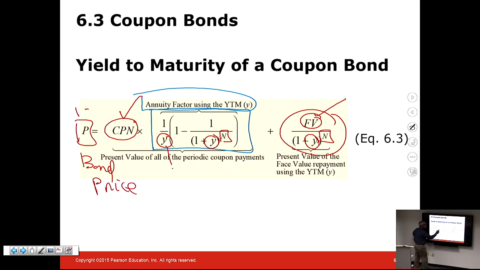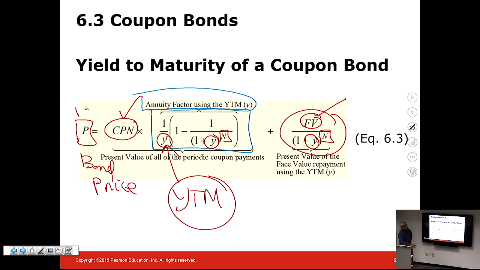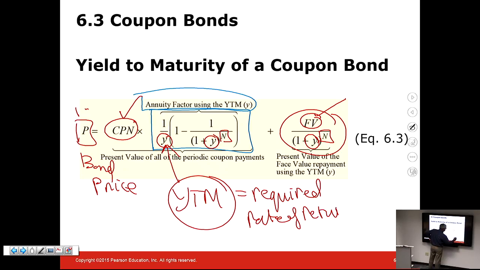Now, what should yield to maturity look like? Yield to maturity should be the required rate of return. The return that investors are requiring to invest in this bond.